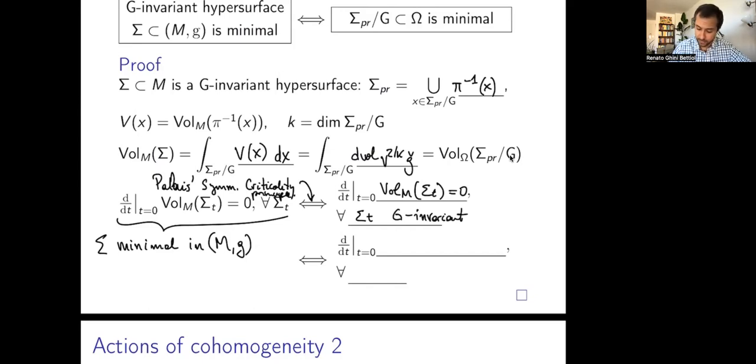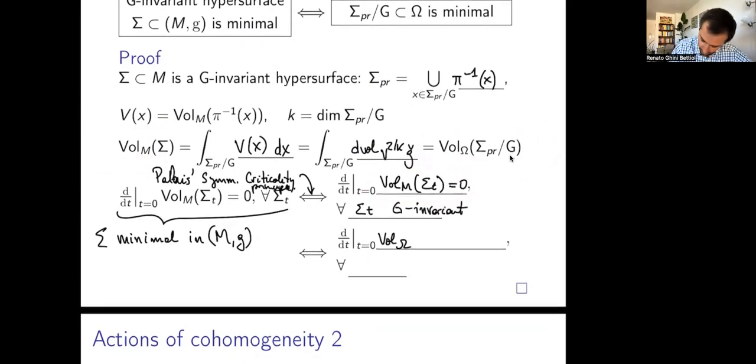All right, but as we saw, this volume function here is exactly equal to the volume downstairs, right? So if I apply this equality to all of these variations sigma t, that's exactly being critical for the volume function in omega.